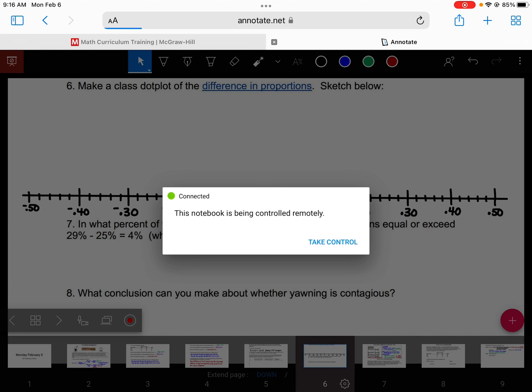P2 is your 16 group. P1 is your 34 person group. You're going to write down your proportion in group 1.